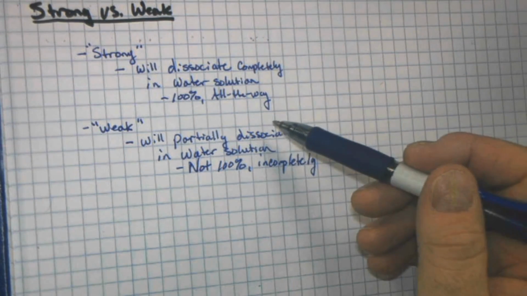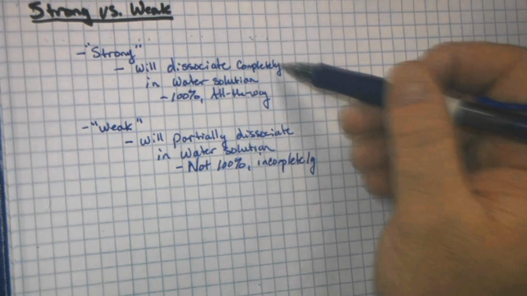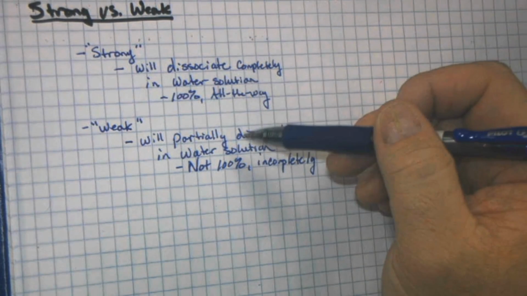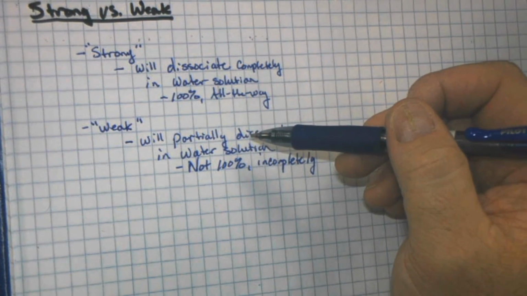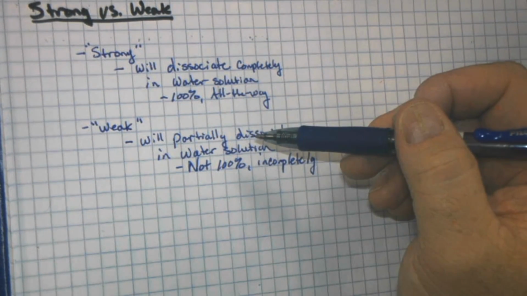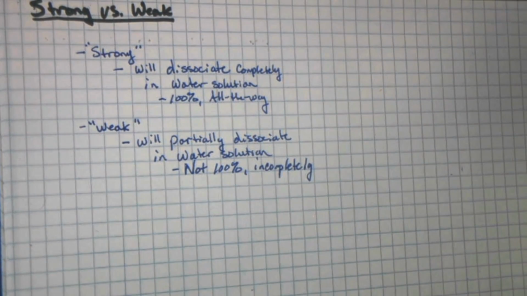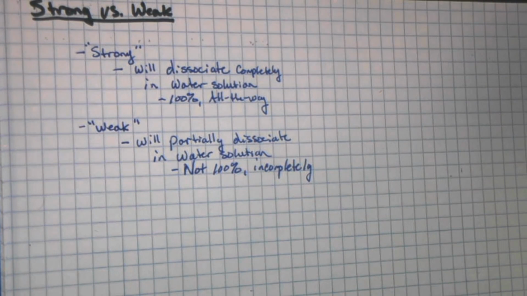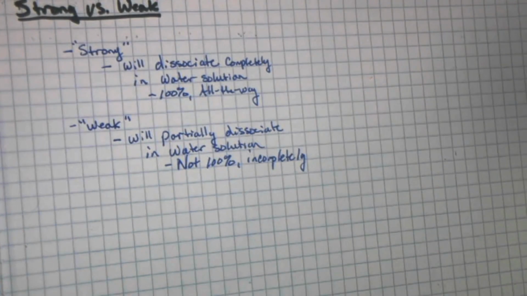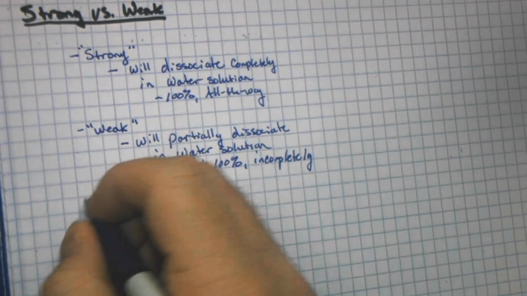The opposite in the definitions is complete versus incomplete, not dissociate versus not dissociate. Are we clear on this? So with a weak acid or a weak base, only some of the molecules that are in solution will actually dissociate into their ions.